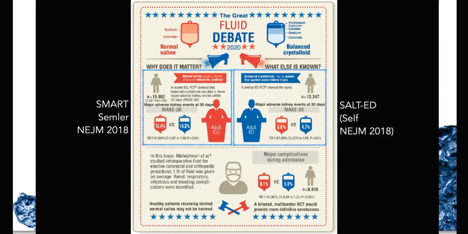From the same institution, Will Self and colleagues did the SALT-ED study, also in the New England Journal. Again, a big study, over 13,000 patients, no difference in mortality, length of stay, and a 1% absolute increase in major adverse kidney events.